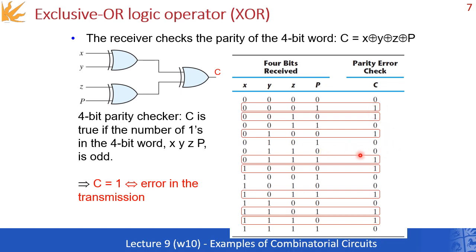If you have 2 errors, then you cannot be sure, because again, the number of bits received is even, so the parity error check can actually mislead you in this case. But there is one thing for sure: if the parity error check is equal to 1, then for sure there was an error in the transmission.